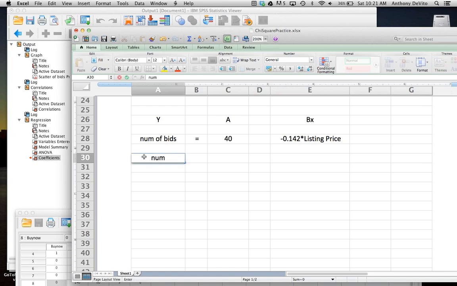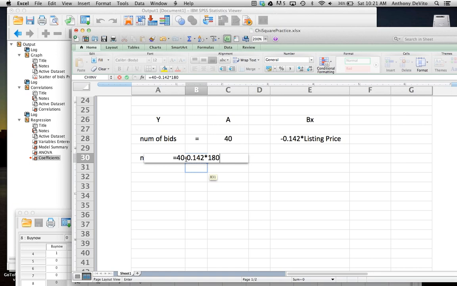Okay, so my number of bids is going to be equal to 40 minus 0.142 times 180.